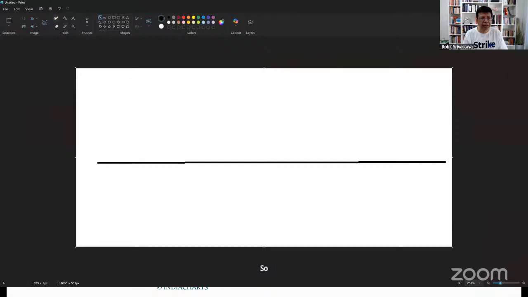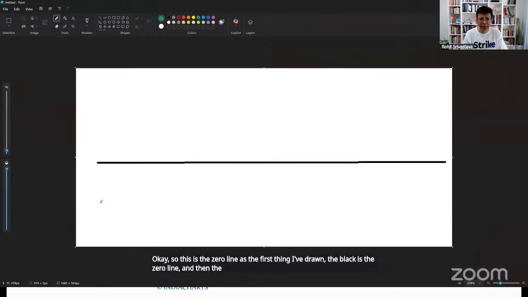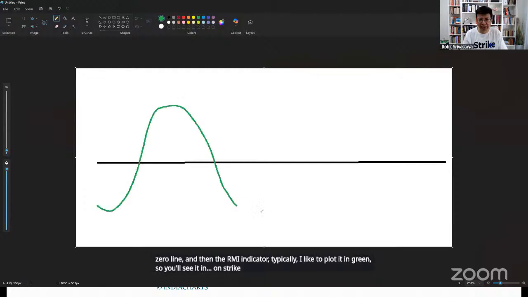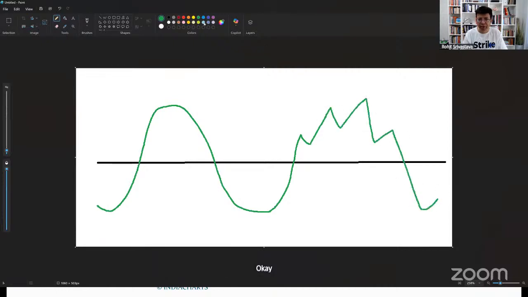So here we are looking at the RMI indicator. This zero line is the first thing I've drawn. The black is the zero line. And then the RMI indicator, typically I like to plot it in green. So you see it on Strike as a green indicator, which is going up and down. Sometimes it will even go like this. And then we have plotted a second line, which is the 9-day average of this indicator.